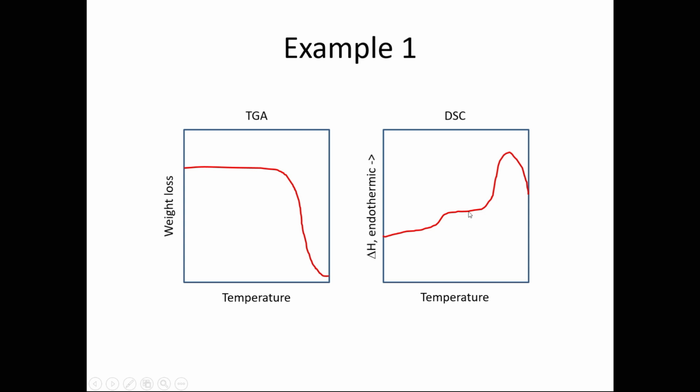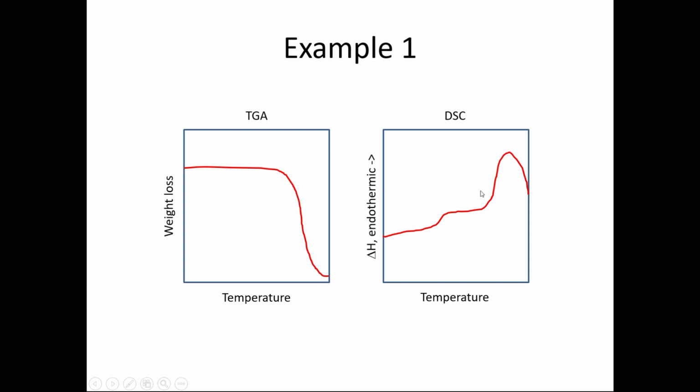Then, once the temperature increases further, we see a large endothermic event, and endothermic means the energy is consumed. And this is related to degradation. We see that for this peak on DSC, we have this massive loss of weight.